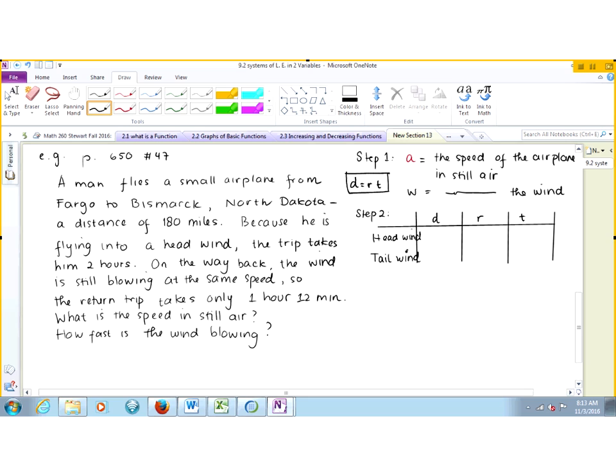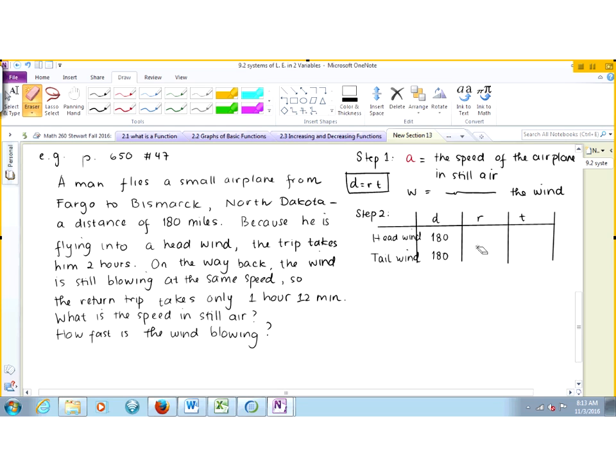So going forward and going back. What is the distance? Do we know? 180. For which one? Both? So 180 each? Okay. Good. Do I know the rate? No. But we call it A and W, right? So what am I supposed to put here?